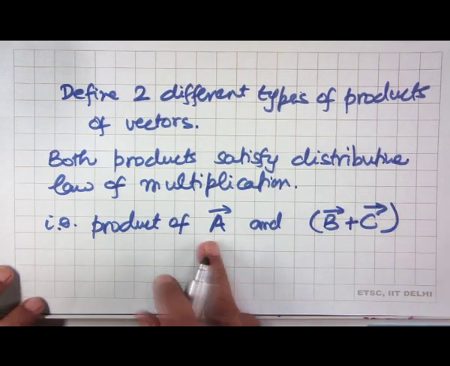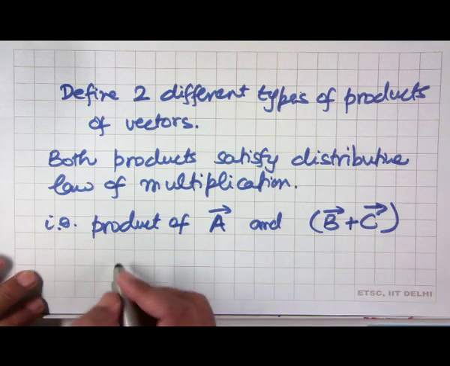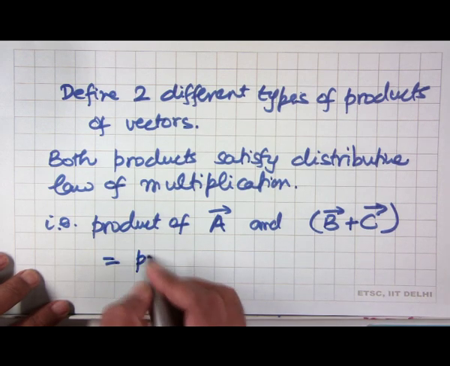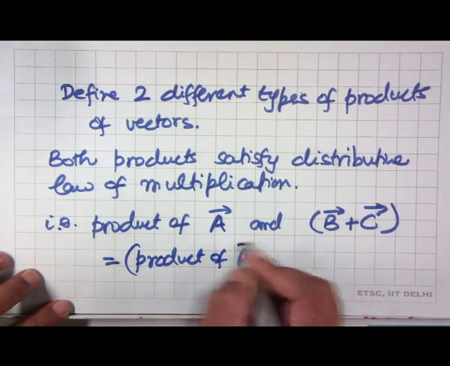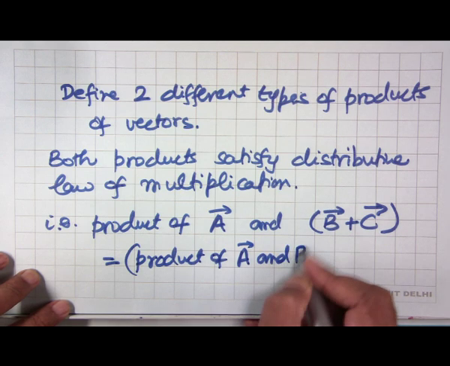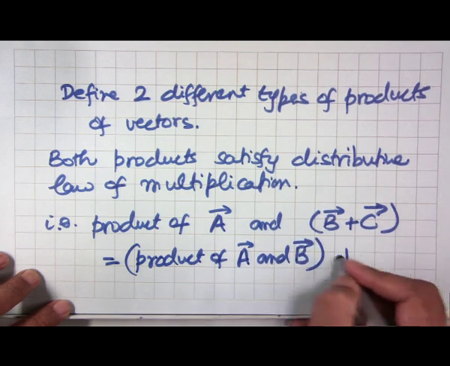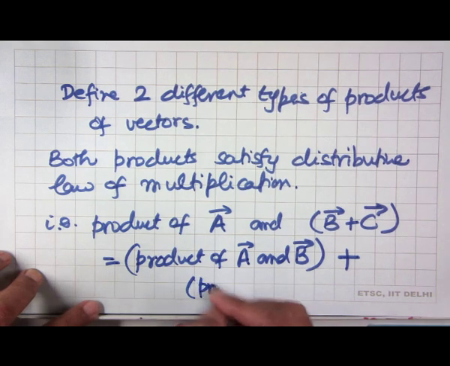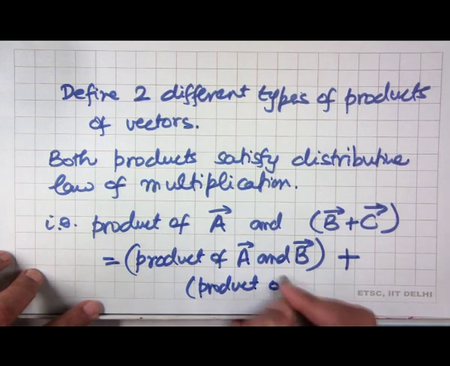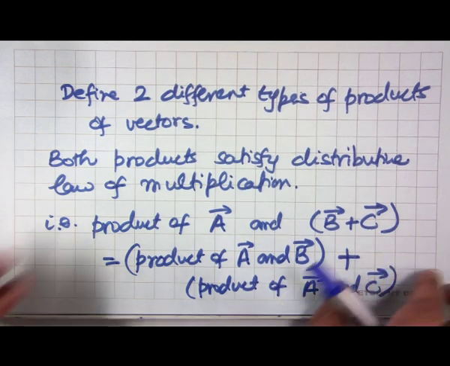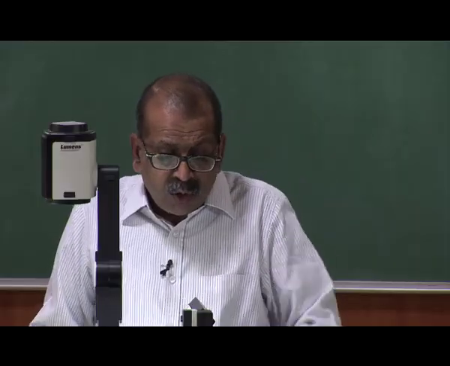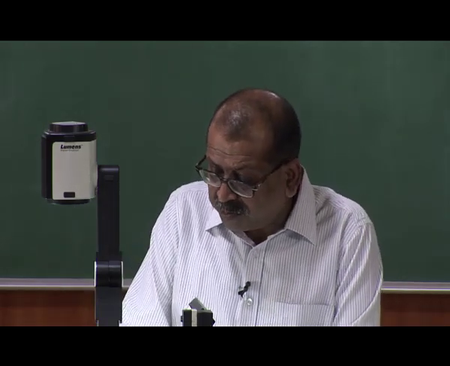So, we take A multiplied by (B plus C), this will be equal to the product of A and B plus the product of A and C. And so, let us first define the first type of product.